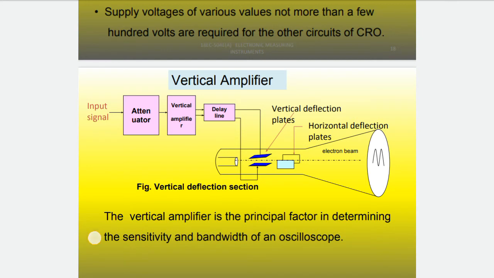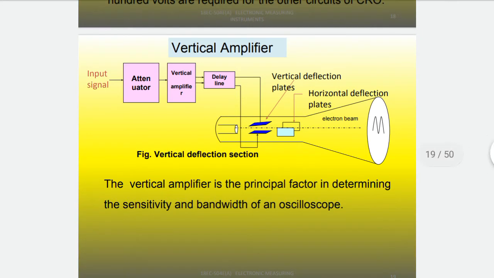In the vertical amplifier's internal section there is also a push-pull amplifier, but here in the figure it is not shown. The output of the push-pull stage is applied to the vertical deflecting plates via the delay line.